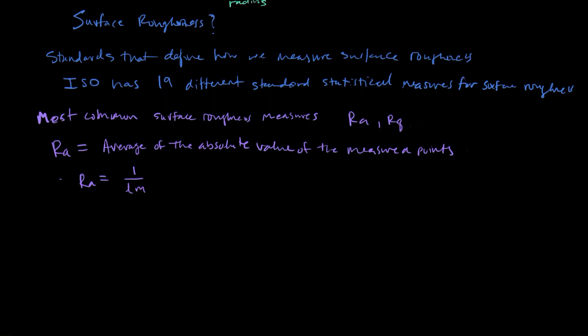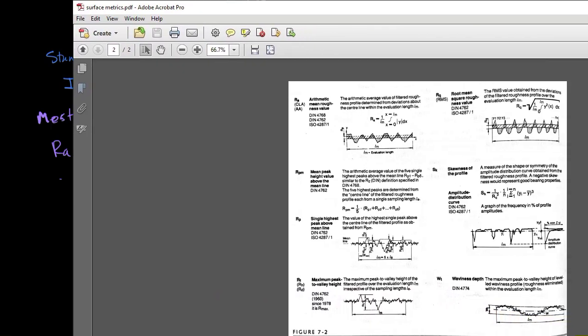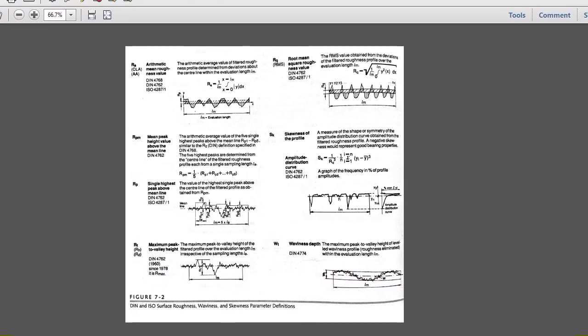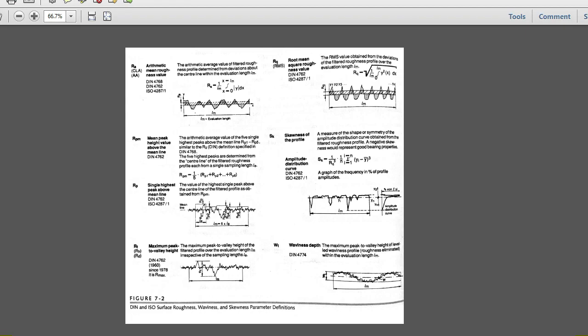if you have a surface that you're measuring, and this is taken from your book, it shows some of the most common surface metrics. These are 7 of the 16 different ones, and we're going to talk about RA and RQ here.